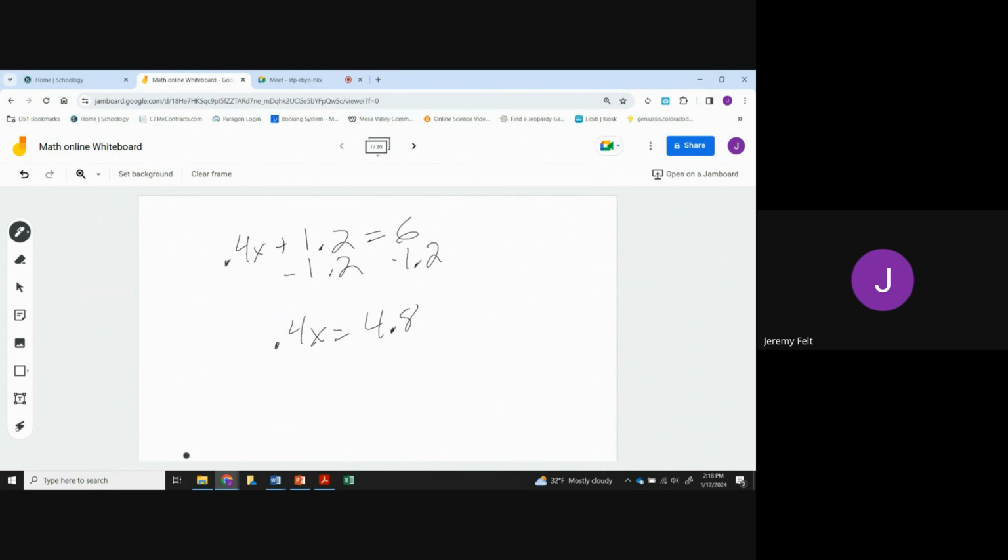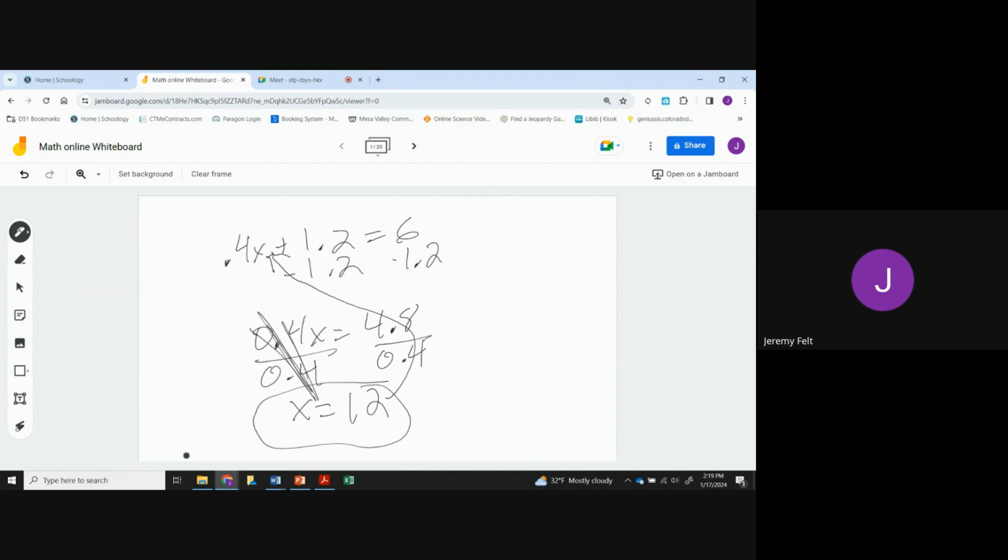So now I have 0.4x, it doesn't matter if you include the 0 or not, same thing. 0.4x, so we're multiplying, so I need to divide, so that way I get x, 1x, x by itself. And then 4.8 divided by 0.4 is 12.